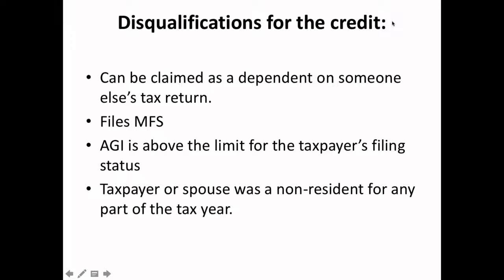So this is meant for those folks who have a valid Social Security. It's under that same coverage as the earned income credit situation, where you have to have Social Security. They're meant for permanent residents and citizens or anyone who has a valid working Social Security. All right, so those are the disqualifications for the credit.